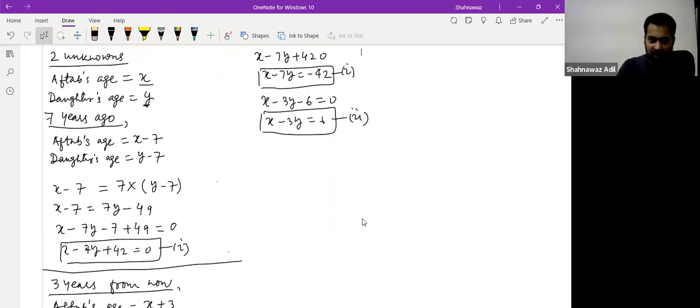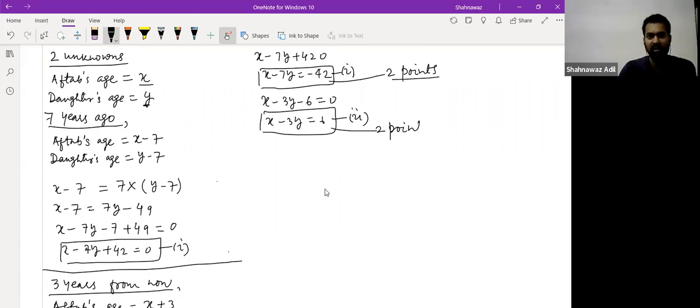Yes, right, 2. So we will have to find 2 points from this equation to draw the straight line, and 2 points from this equation to draw a straight line. So let us find the 2 points for this equation first.